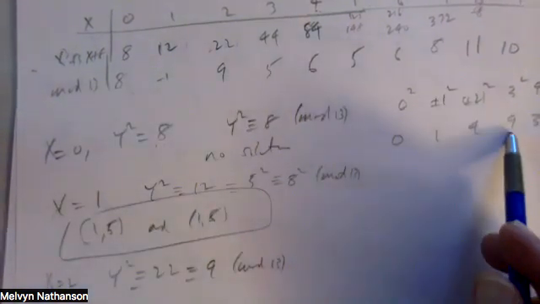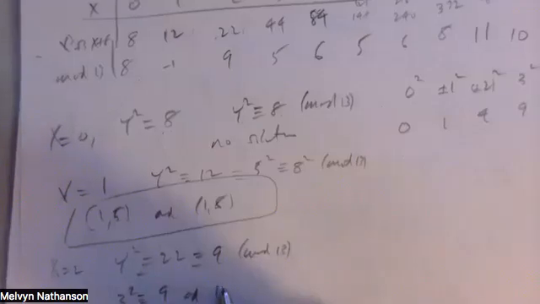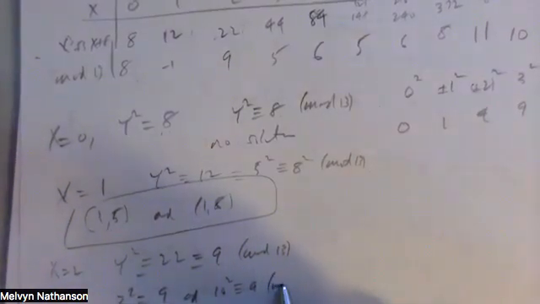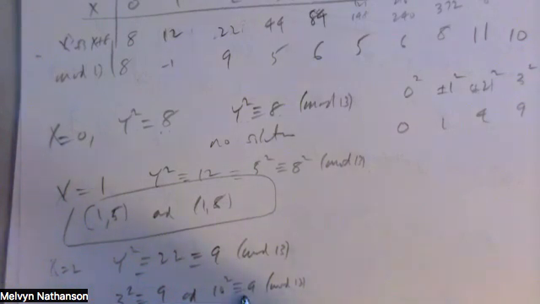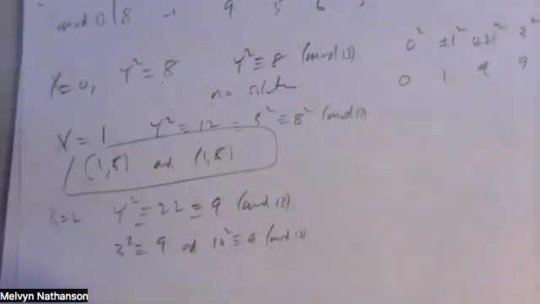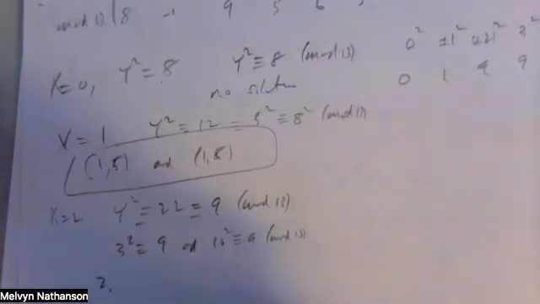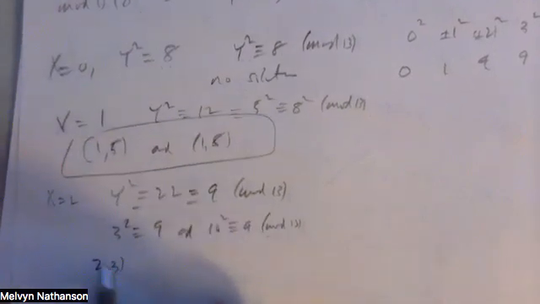Well, plus or minus 3 is congruent to 9. 3 squared is congruent to 9, and 10 squared is congruent to 9 mod 13. 9 minus 9 is 0. 100 minus 9 is 91, which is 7 times 13. So for x equal 2, we get 2 more points on the curve: (2, 3) and (2, 10).